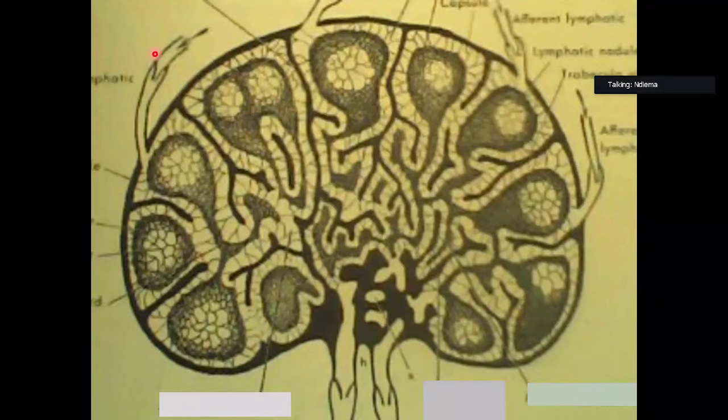Within the abdominal cavity, all the lymph collects to form the cisterna chyli, and this cisterna chyli eventually empties into the thoracic duct, and the thoracic duct then opens into the jugular vein, so all the lymph enters back into recirculation.